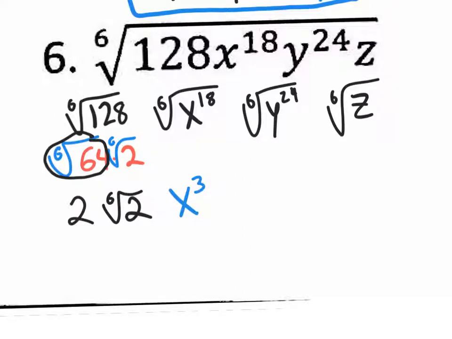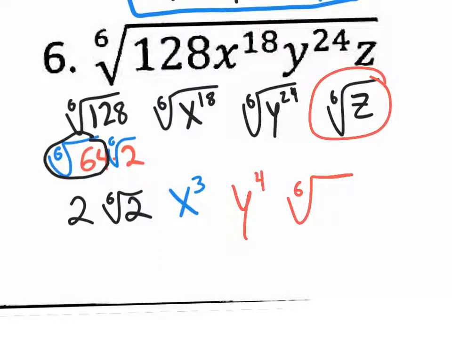Moving on to the y's, y to the 24th with the 6th root on it, it's really saying 24 divided by 6, what do we get? Y to the 4th. And last but not least, the 6th root of z. Could I even do that? No, so you're just going to rewrite it, the 6th root of z.